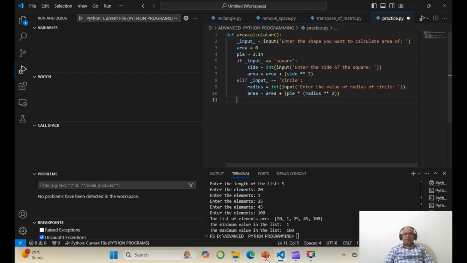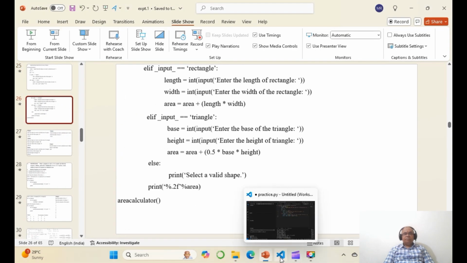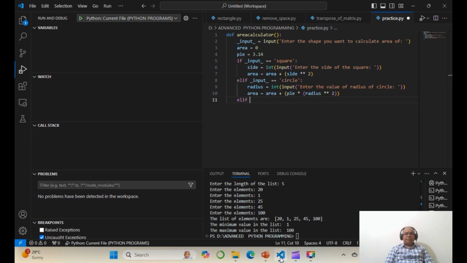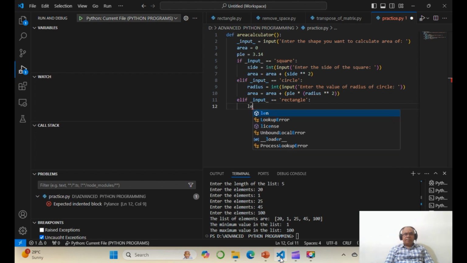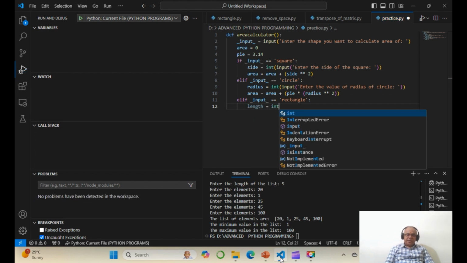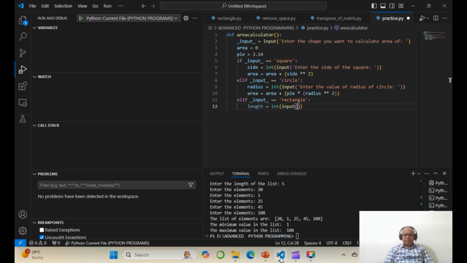Okay. Then we have elif shape_input double equals rectangle. If this is true, then length equals int input, enter the length of the rectangle.